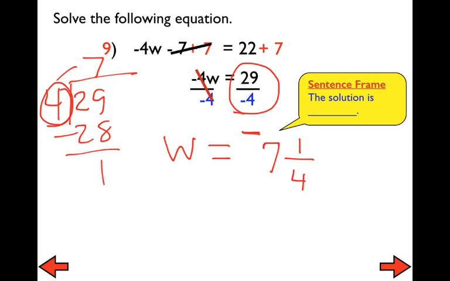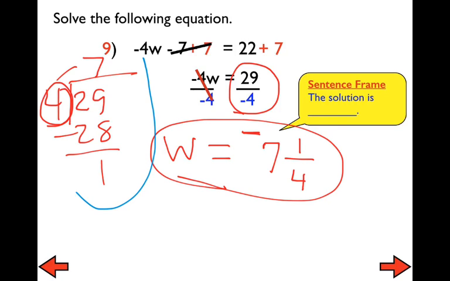So our solution is w equals negative 7 and 1/4. And remember, I've talked about this before. You can think of this as going clockwise as far as your answer. 7 and 1/4. So w equals negative 7 and 1/4, once again because we have a positive divided by a negative.